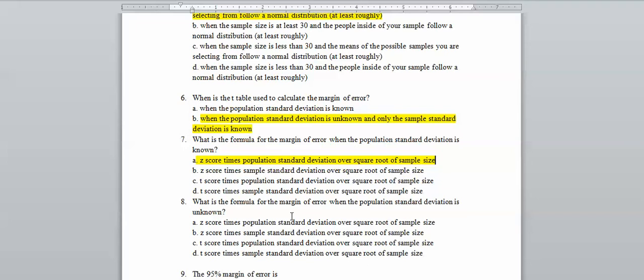Like I just told you, when the population standard deviation is unknown, you use a t-score and sample standard deviation. Because if the population standard deviation is unknown, it can't be plugged into the formula, which means that the sample standard deviation has to be plugged in.